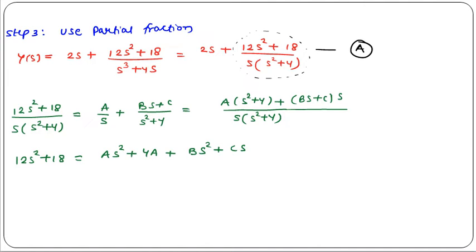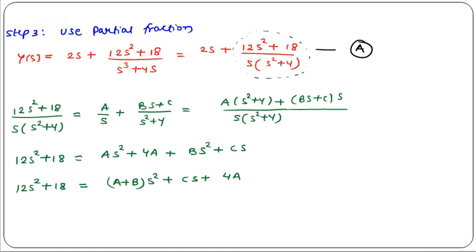So now we can take s square common. We are getting 12 into s square plus 18 equal to a plus b into s square, then the s power 1 term, that is c into s, then the constant term, that is 4 into a.